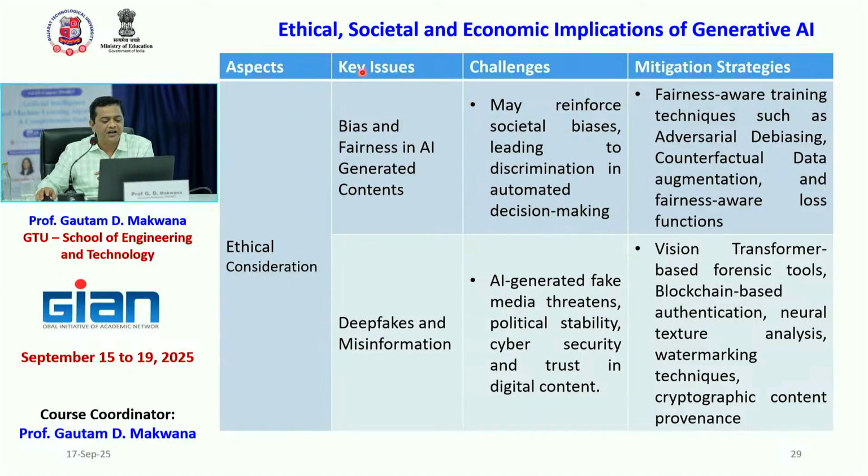These are the key issues, and the challenges are that it may reinforce societal biases, leading to discrimination in automated decision making. And deepfakes and misinformation: AI-generated fake media threaten political stability. Okay, cyber security and trust in the digital context.